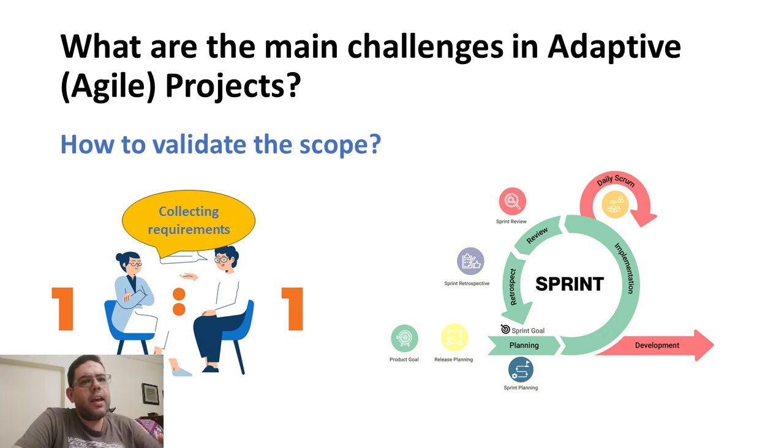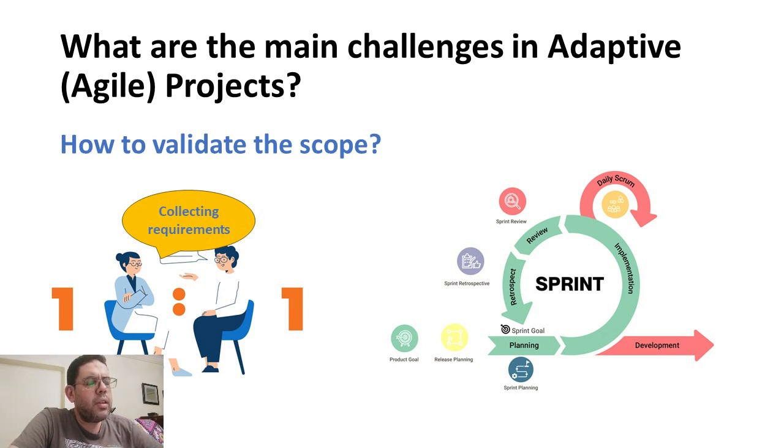Each sprint has some ceremonies, or some steps. First one is the planning meeting. Meetings in agile are called ceremonies. Okay, planning meeting, then the implementation, then we have the review meeting, then we have the retrospective meeting.